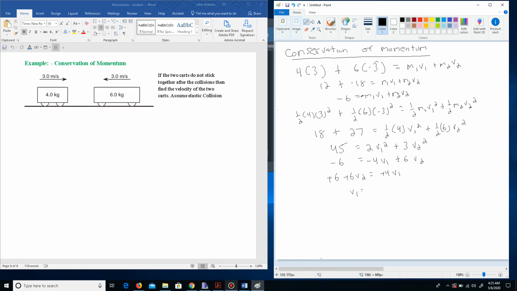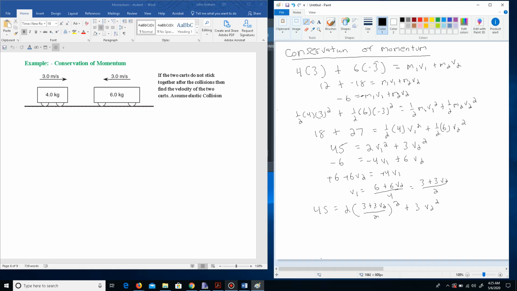And so you get v1 equals 6 plus 6 v2 over 4, which is going to be 3 plus 3 v2 over 2. Okay, so now I take this one and I plug it in for the first equation. So 45 equals 2 times 3 plus 3 v2 over 2 squared plus 3 v2 squared.